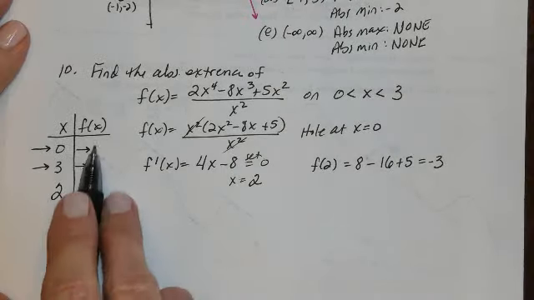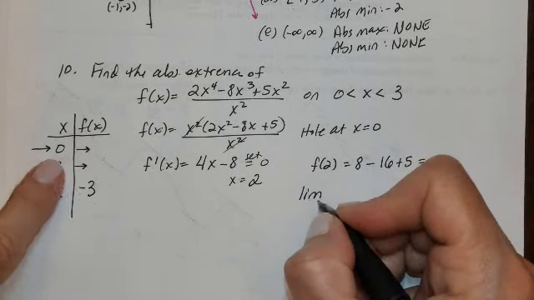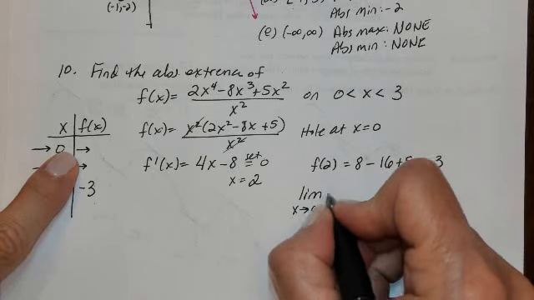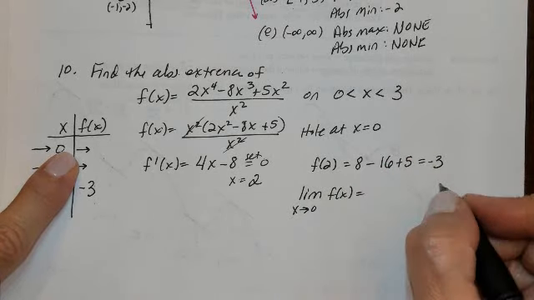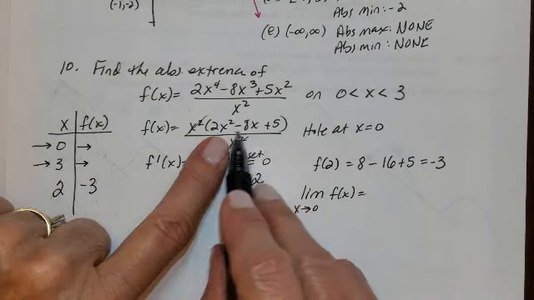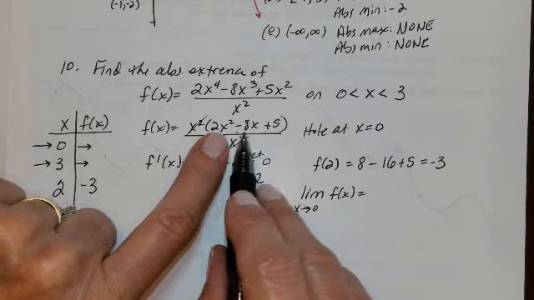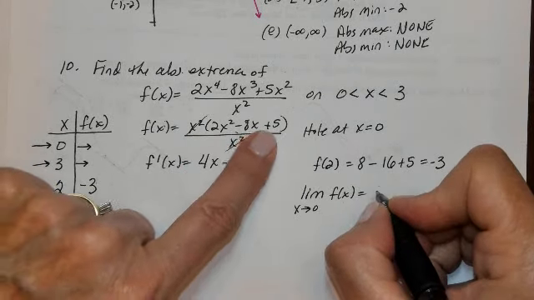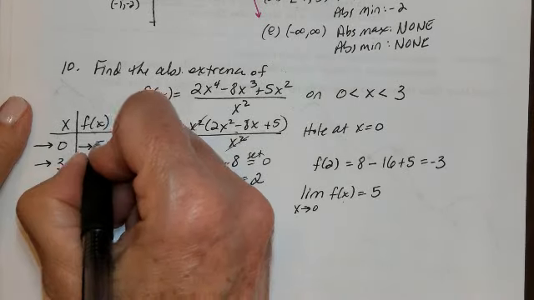For these, I'm actually taking a limit because we're going to 0 and we're going to 3. So it's the limit as x goes to 0 of f of x. We can still put it in what remains here because of what we know about limits. And as x goes to 0, this is just going to equal 5. So this is going to 5.